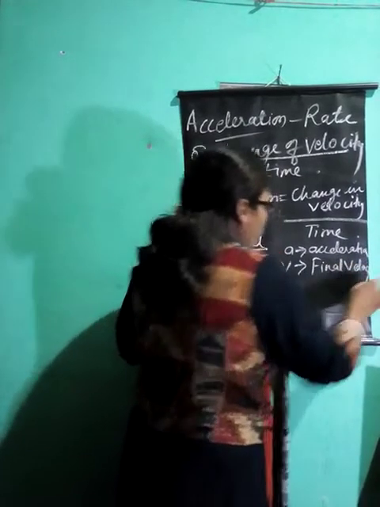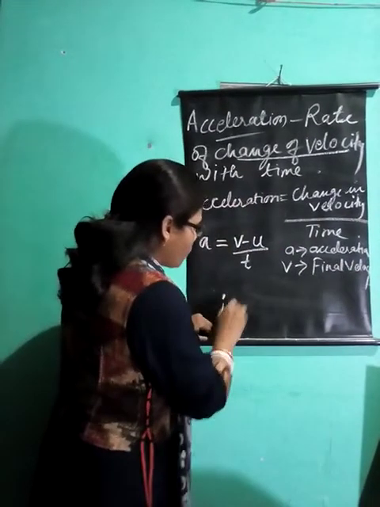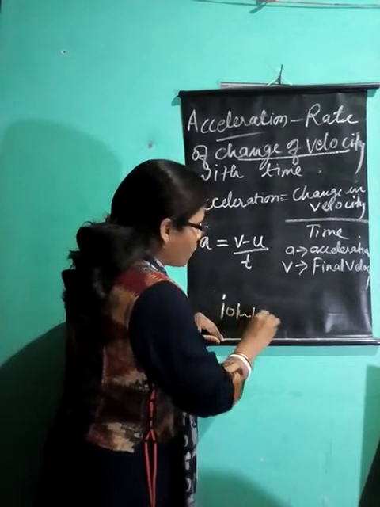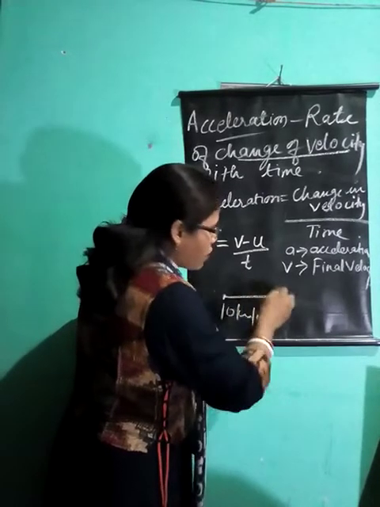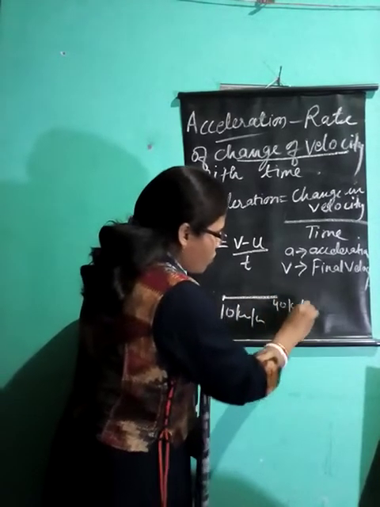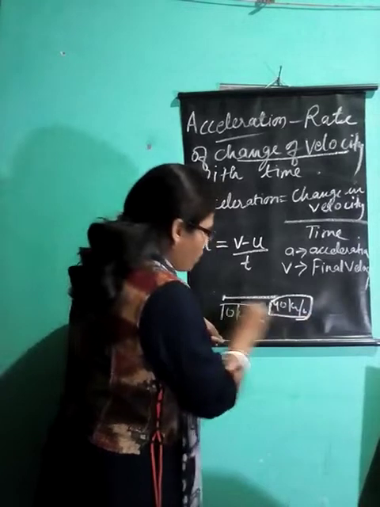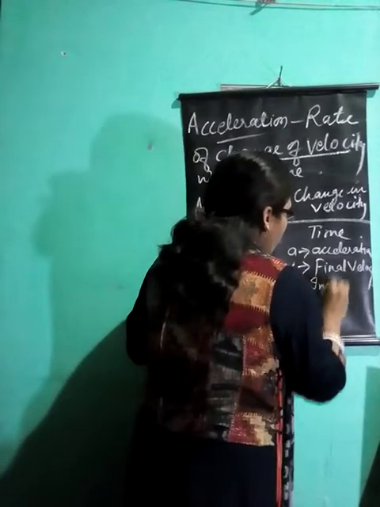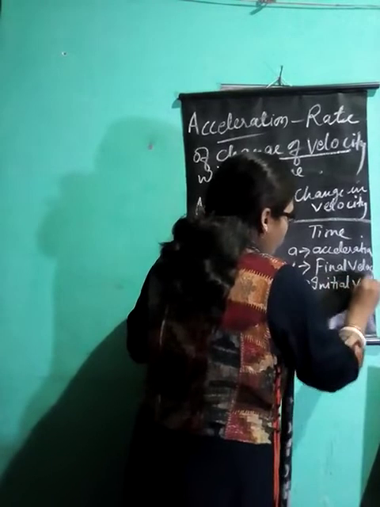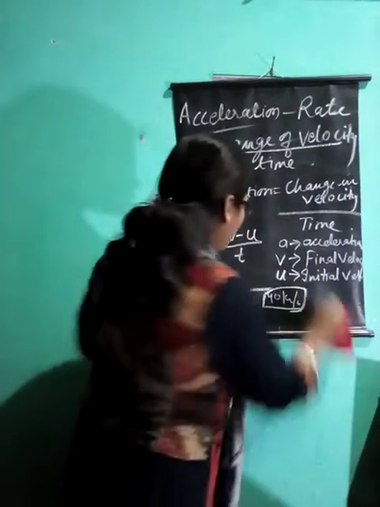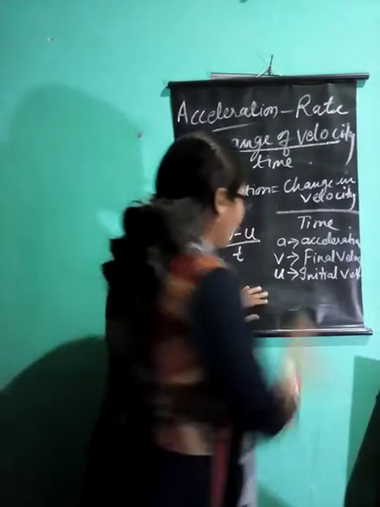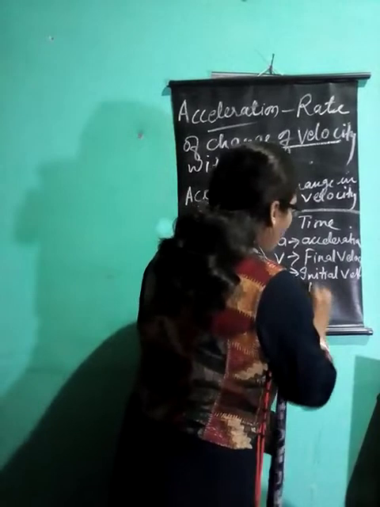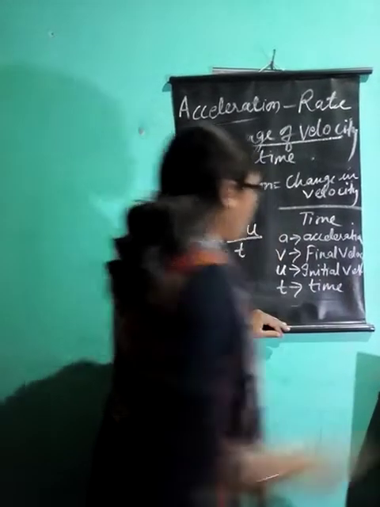Initially it started with speed of 10 km per hour. Then when we press the accelerator, it became 40 km per hour. So this is your final velocity and this is your initial velocity. So U indicates initial velocity, and T indicates your time.